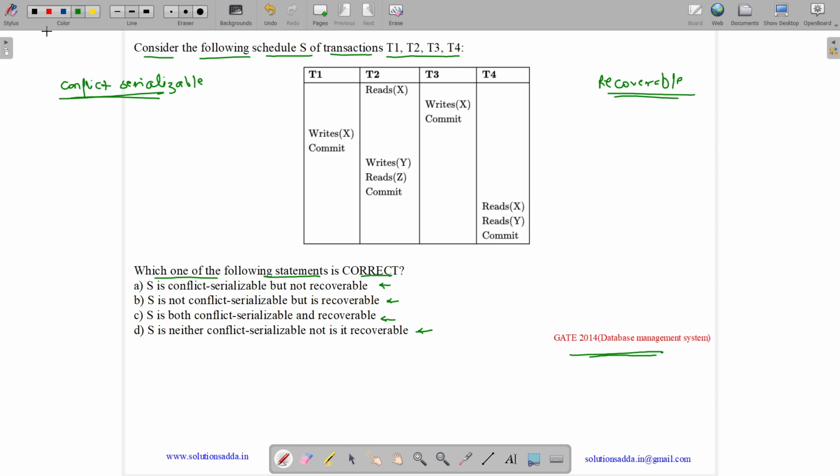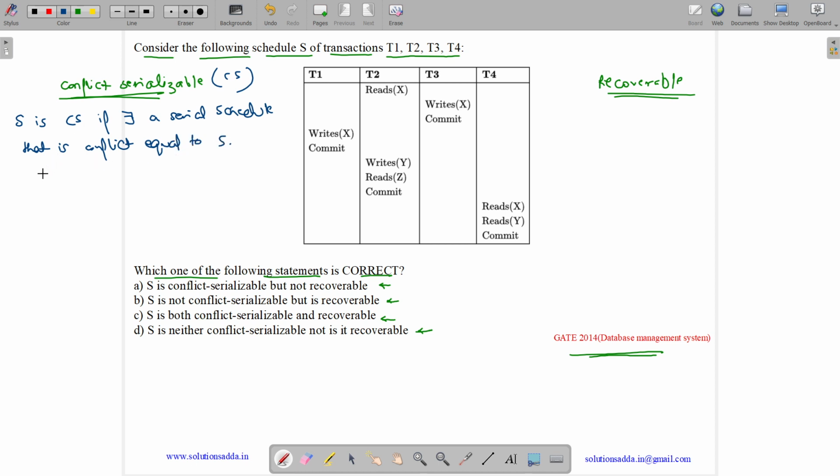So when can we say that a schedule is conflict serializable? S is, in short CS, conflict serializable if there exists a serial schedule that is conflict equal to our schedule S. This is basically the definition.